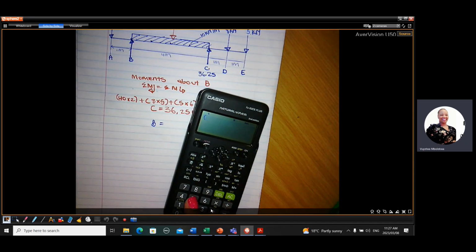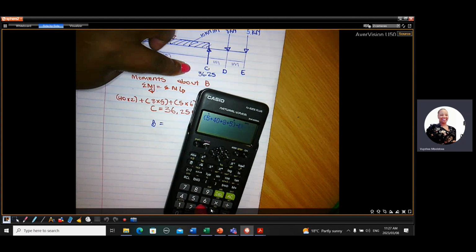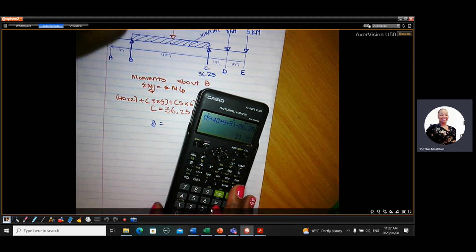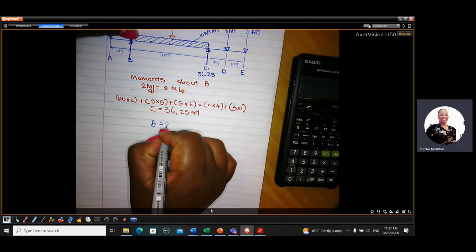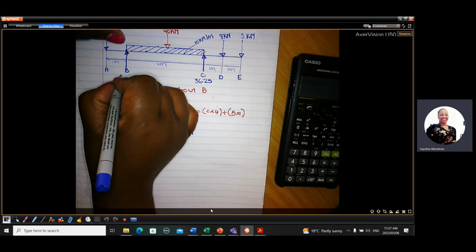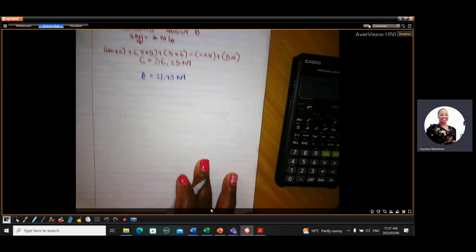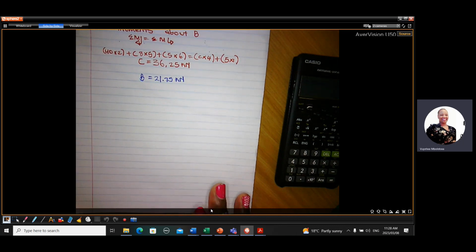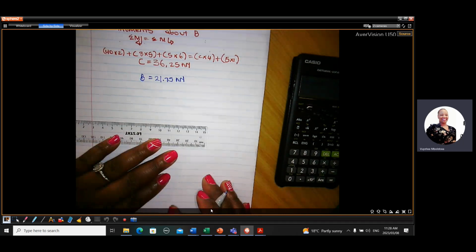It's gonna be 5 plus 40 plus 8 plus 5 minus 36.25. It gives us 21.75. So B is 21.75. Now that we have our reactions, we can sketch the shearing force diagram.